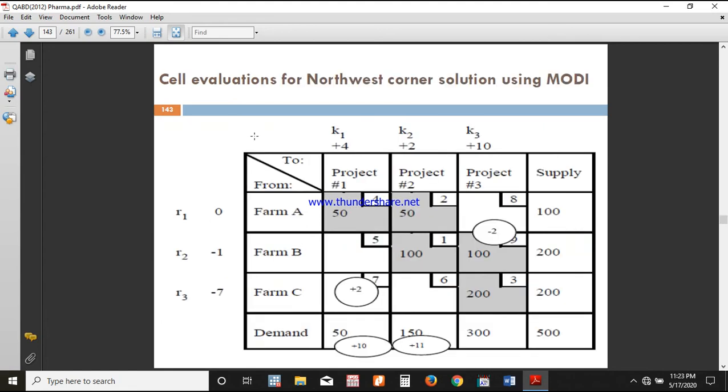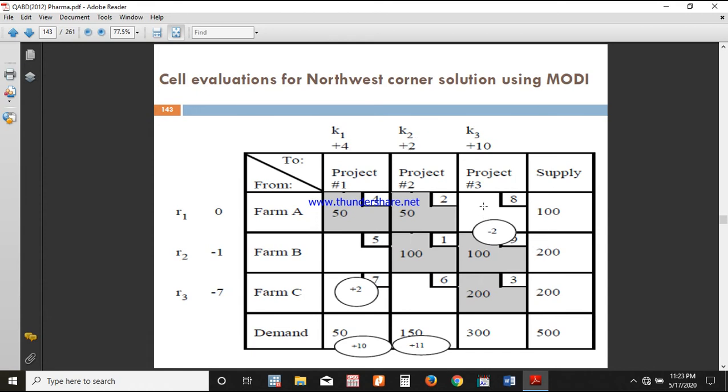This formula works only on occupied cells. The row index is 0, so 0 plus K1 is equal to 4. Therefore, the value of K1 will clearly become 4, which is the occupied cell. Then 0 plus K2 is equal to 2, so clearly K2 is equal to plus 2.